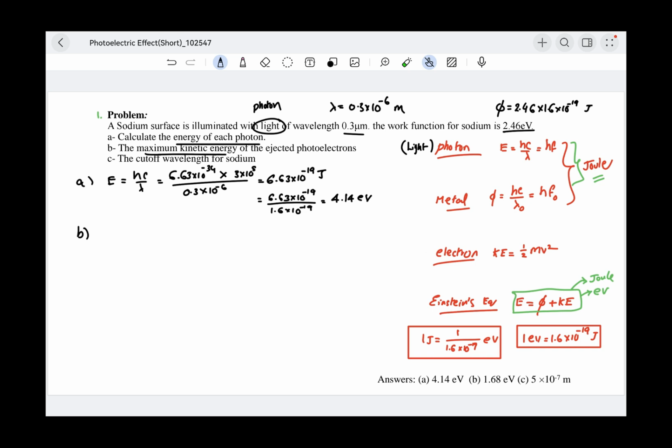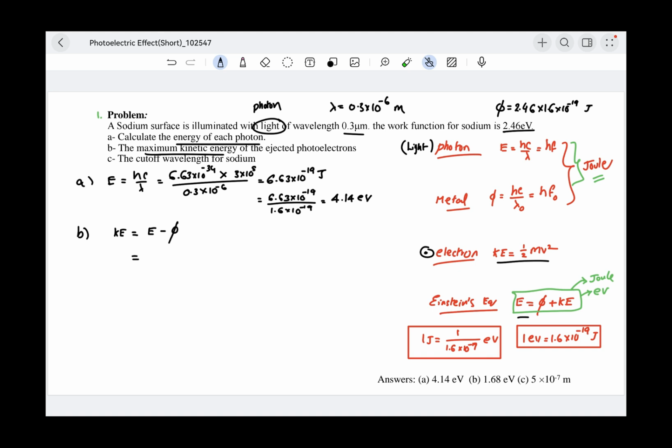The B bit. The maximum kinetic energy of the ejected photoelectrons we have to find. The speed is not given, so we use Einstein's photoelectric equation. Maximum kinetic energy is the energy of the photon minus the work function.